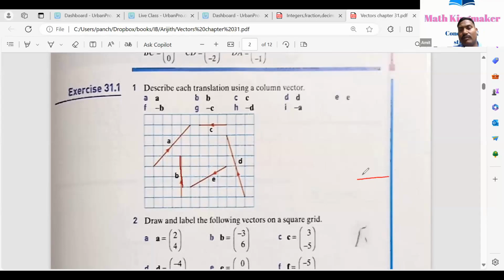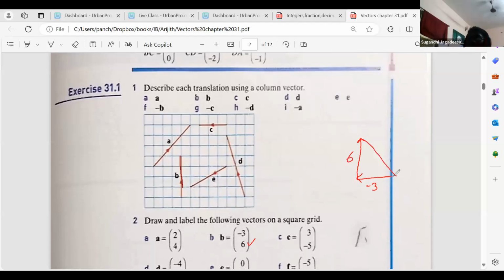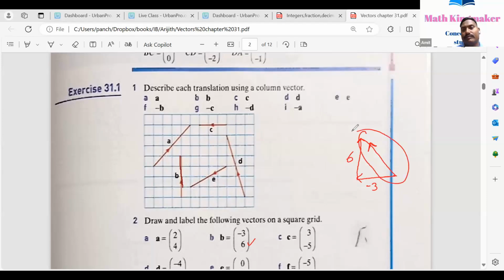You go 3 negative, and then you go 6 positive from here only. So that will be your required vector. That one will be your required vector.